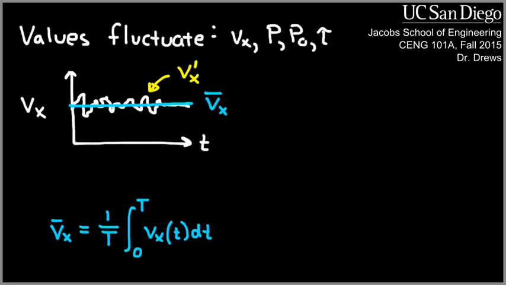So if I want to know what V sub x is, the total velocity profile, what is the x component of the velocity really doing, it's made up of two components. It's made up of the time average one, which we call Vx bar, and it's also made up of a fluctuating value that we call Vx prime.